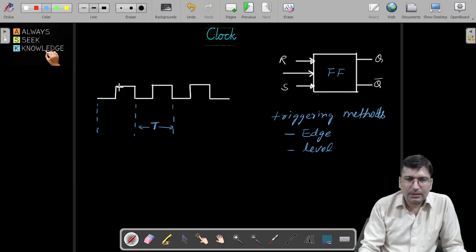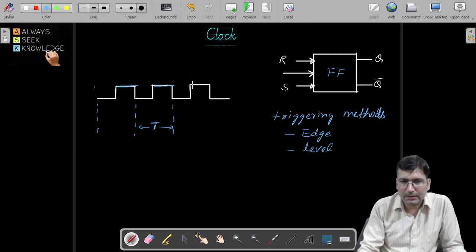So the meaning is, once the clock is high, let's say from here the clock is high, and then again here the clock is high, again it is high here. In this period of time interval, the flip-flop will be enabled. So in case the flip-flop is enabled when the clock pulse is high, then it is level triggered.